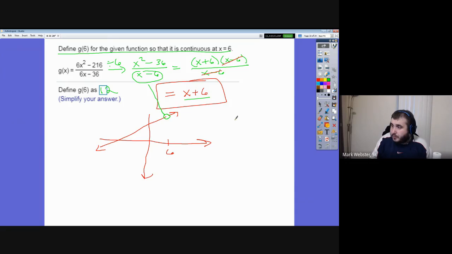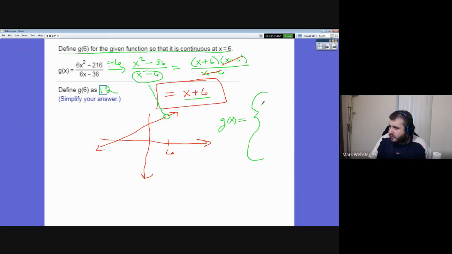Another way to think about it, if we wanted to think about it like we did in that last problem, what we're really expecting to see is that piecewise function that we saw, right?